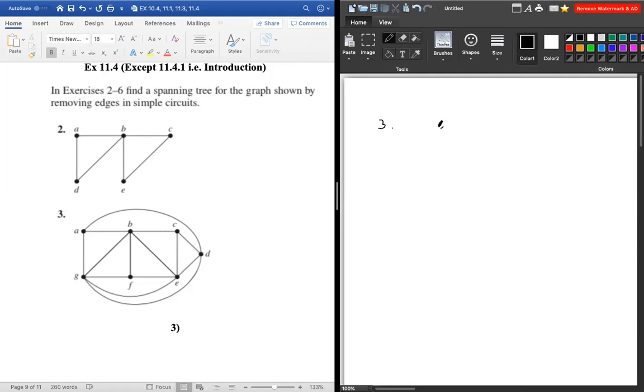This is node A, this is node B, this is node C, this is node D, this is going to be E, F, and G.